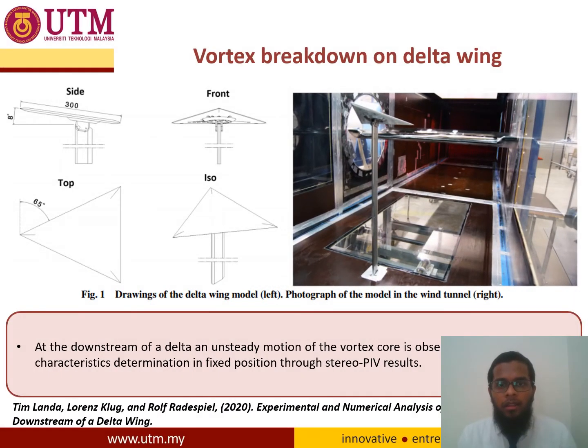And here is the vortex breakdown on the delta wing, as you can see. In the experimental installation in the wind tunnel, at the downstream, unsteady motion of the vortex is observed, affecting the vortex characteristics determination in a fixed position.